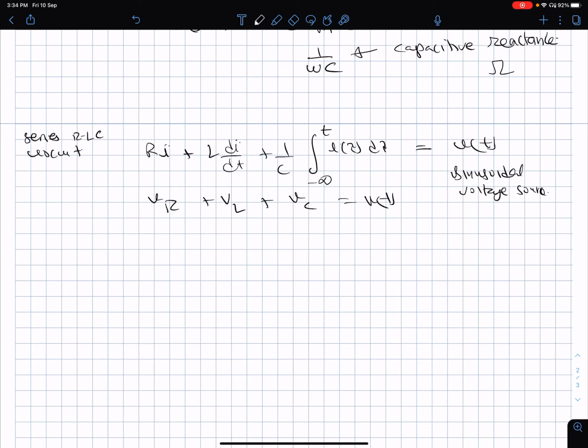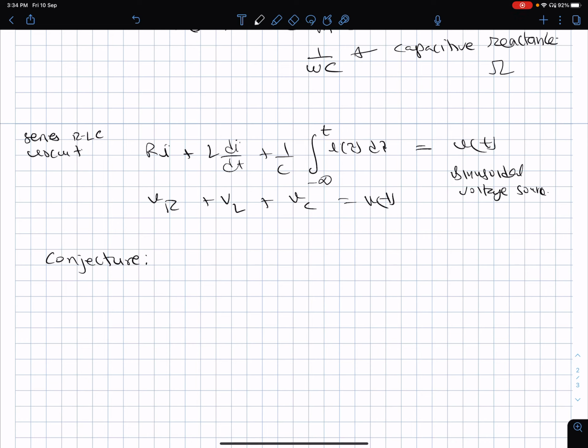One very important point that I want to make here is that, just looking at this and wondering about the steady state response, I want to make a conjecture.